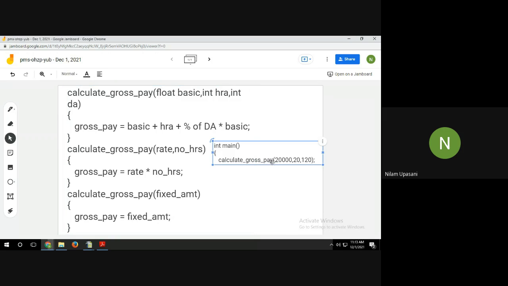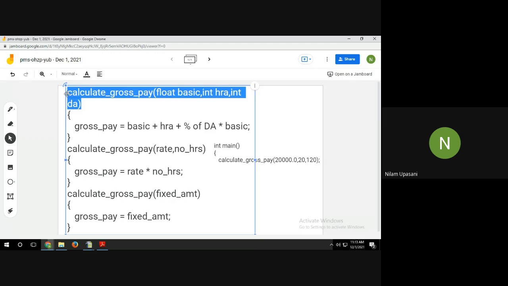So now while passing the input parameters, the first parameter should be a float, so here I'll pass some float value. The second one is integer and the third one is integer. Now the compiler will understand which combination we are calling: float, integer, integer. So which combination is float, integer, integer? The first one.